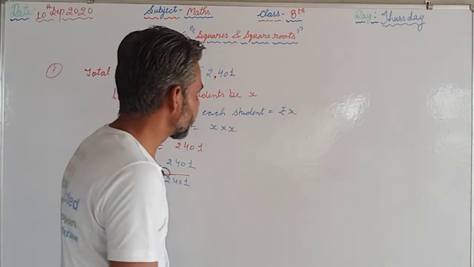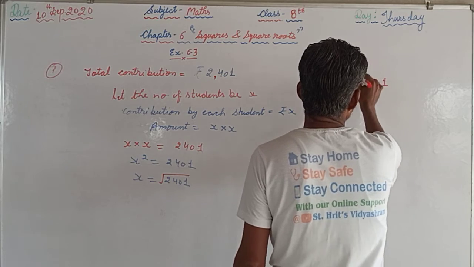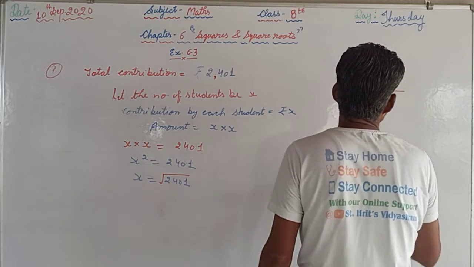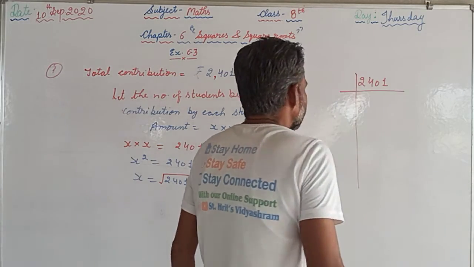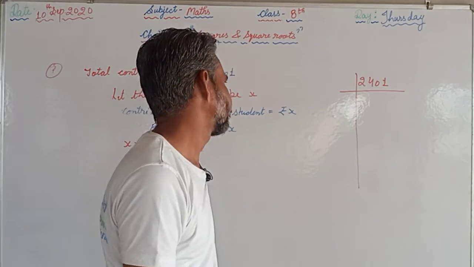For 2401, first of all we have to find the prime factorization. By which number do we have to divide?